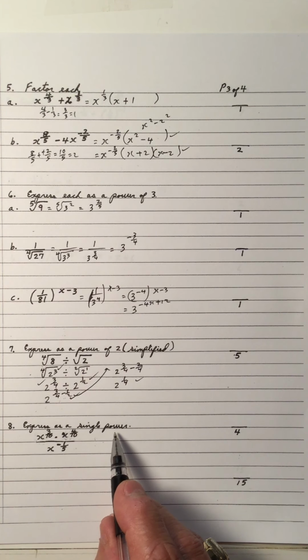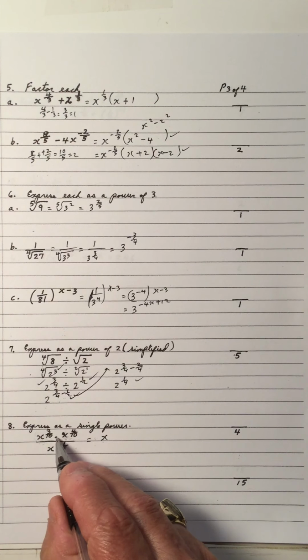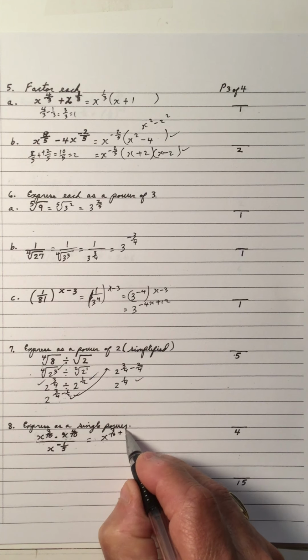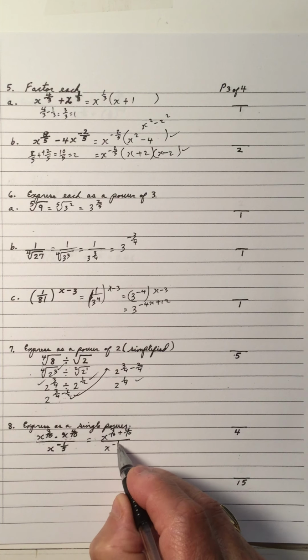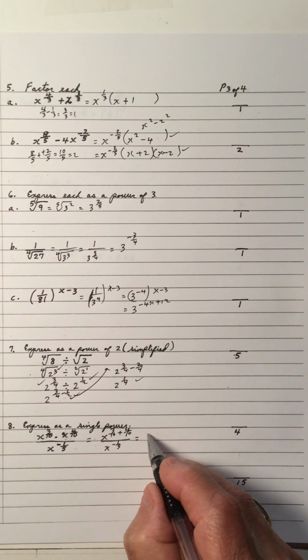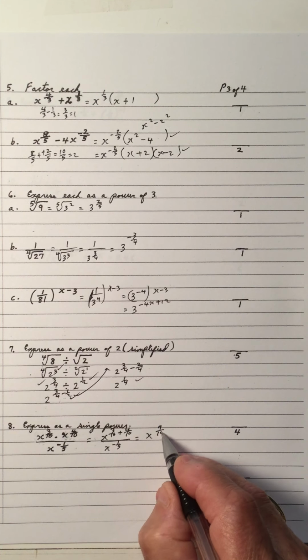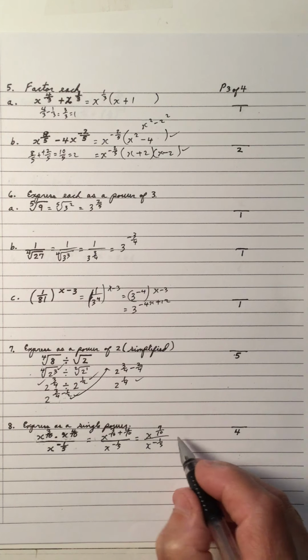Express as a single power. Because we have the same bases and because we're multiplying, we add. So 3/10 add 4/10, all over x to the negative 1/5. And because we're multiplying like bases, we add the exponents, so that's 7/10 over x to the negative 1/5.